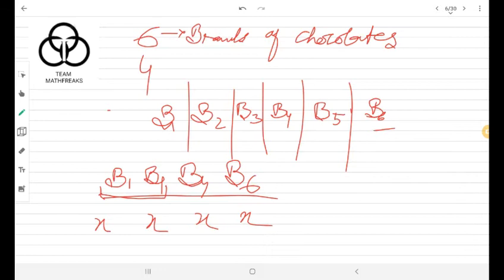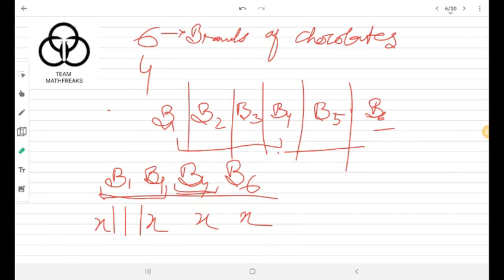And then directly from brand 4, in between we are leaving 3 vertical lines which are denoting boxes.